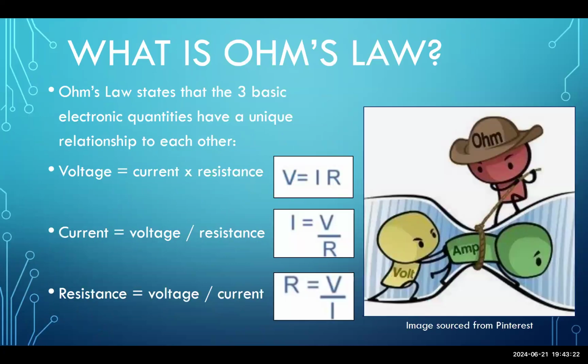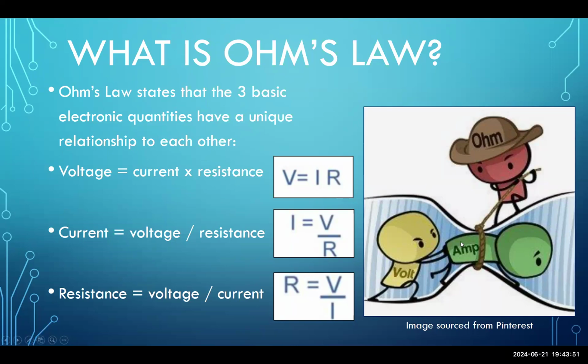All right. So what is Ohm's law? Ohm's law states that the three basic electronic quantities have a unique relationship with each other. Now, I showed you this slide before that I borrowed from Pinterest, and it shows the relationship between resistance in units of ohms, which is the cowboy with the lasso, and then voltage, volt, which is the unit of voltage, being the pressure that moves the electricity along.